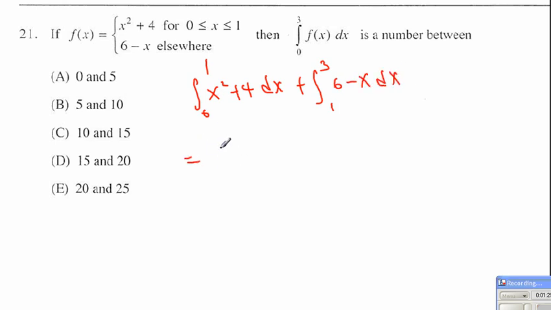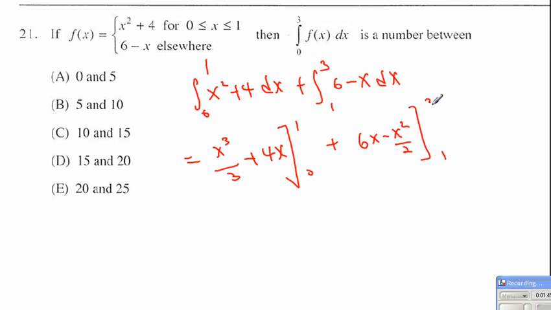Now, then here we have x cubed over 3 plus 4x, which goes from 0 through 1, plus here we have 6x minus x squared over 2 for 1 through 3. Now here this portion we can easily see is 1/3 plus 4.